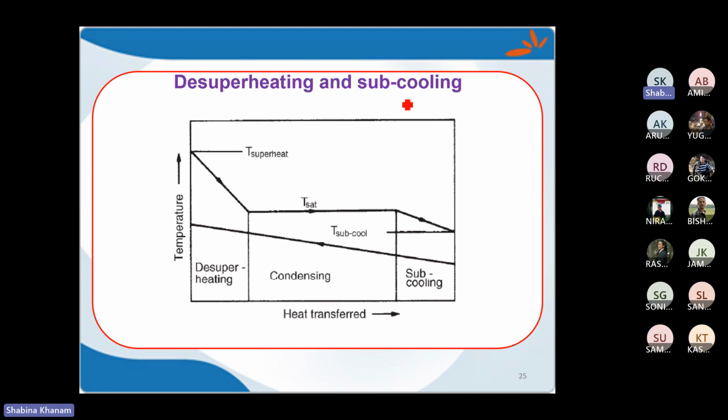And steam will be produced in the boiler, and that steam should be used in a heat exchanger. So steam should be brought from the boiler to the heat exchanger, right? I hope you are getting my point. While moving it, some heat loss will definitely occur through the duct or through the pipeline.